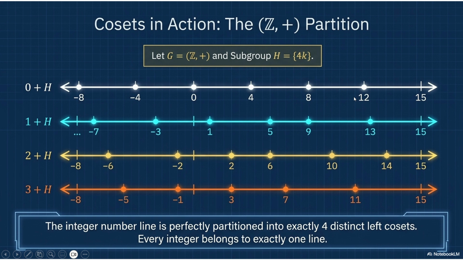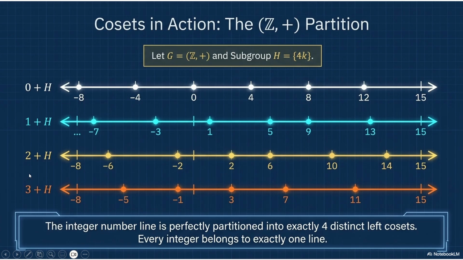So I am taking another element from G, that is 1, and adding it to all elements of capital H. 1 added to 0 is 1, 1 added to 4 is 5, 1 added to 8 is 9, etc. So this is the coset formed by using 1.